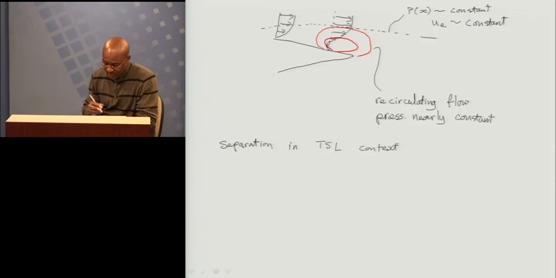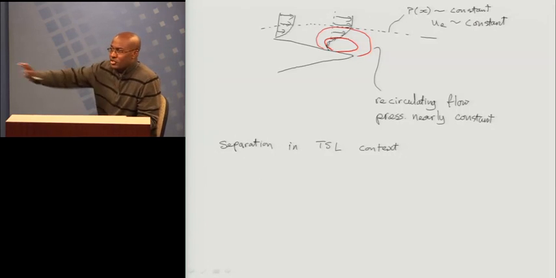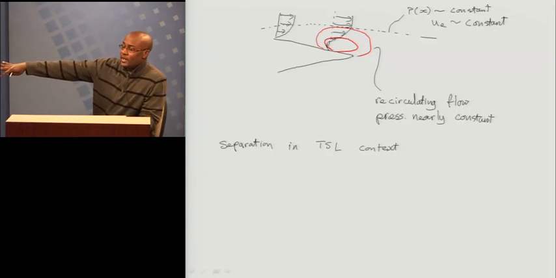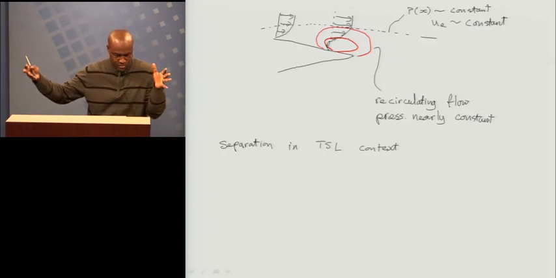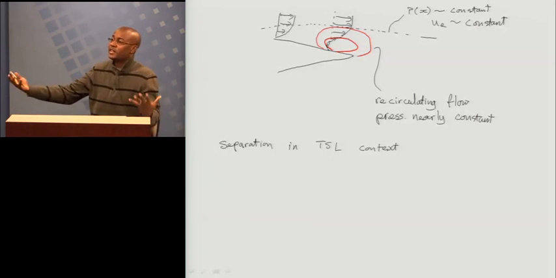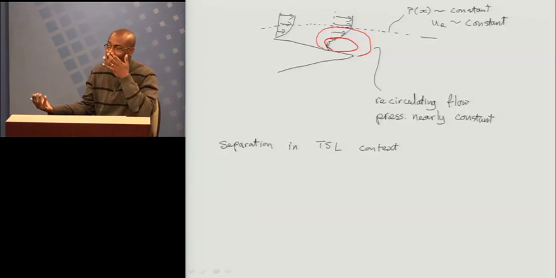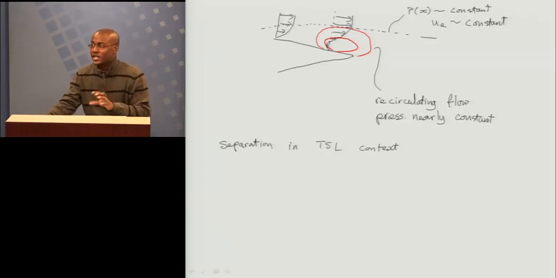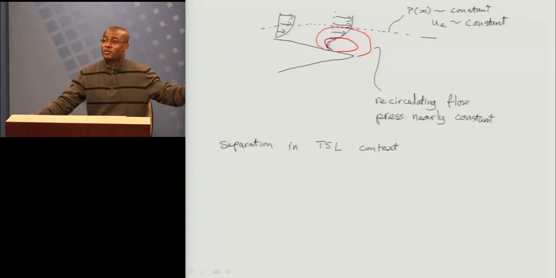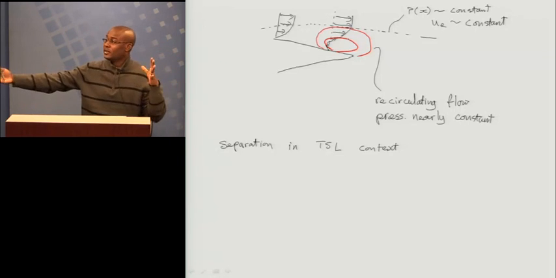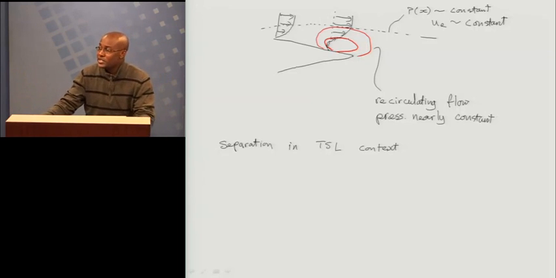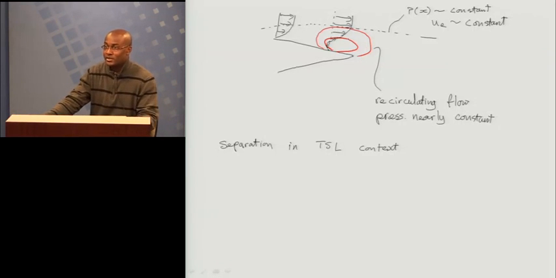If we had separation just at the trailing edge of an airfoil, then we could still use our boundary layer equations to get a good approximation. However, say you had separation at the leading edge, so there's separation over the entire airfoil. In that case your boundary layer equations break down.